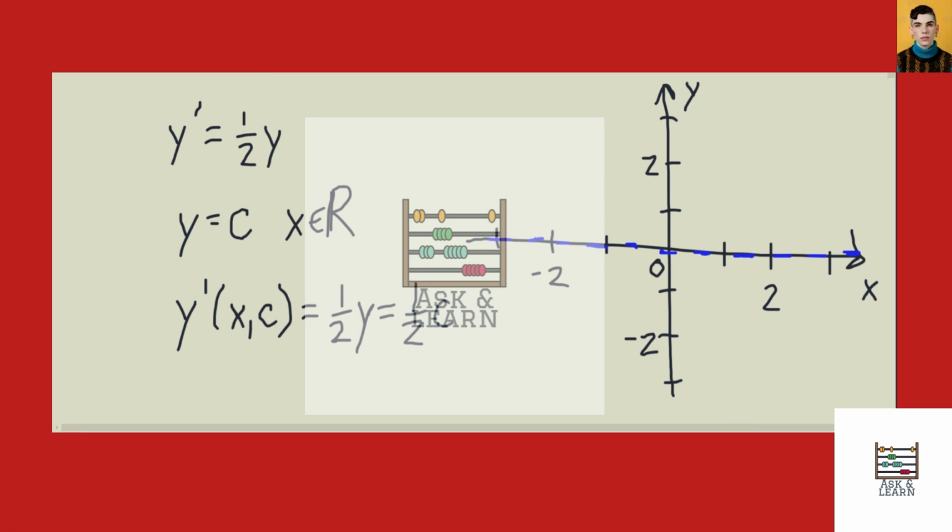If y is equal to, say, 0.5, we'll have a slope of 0.25.